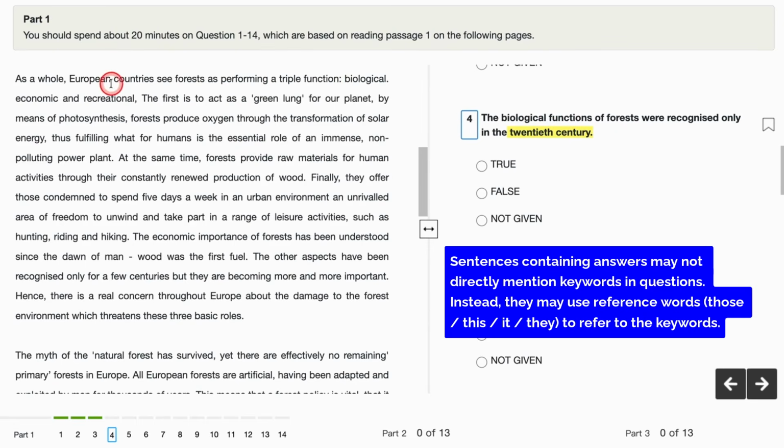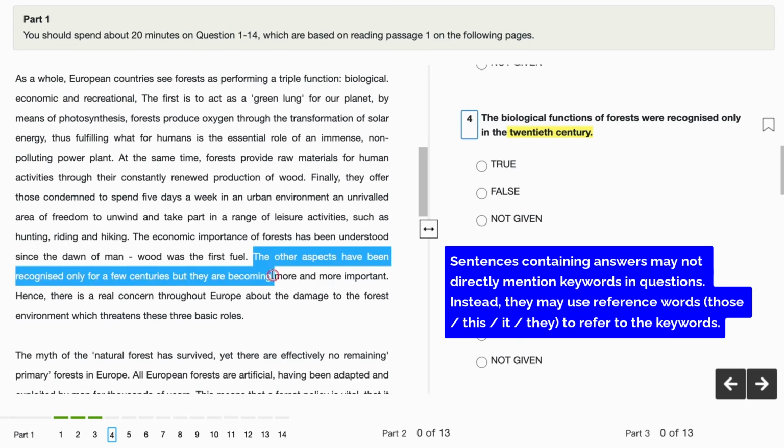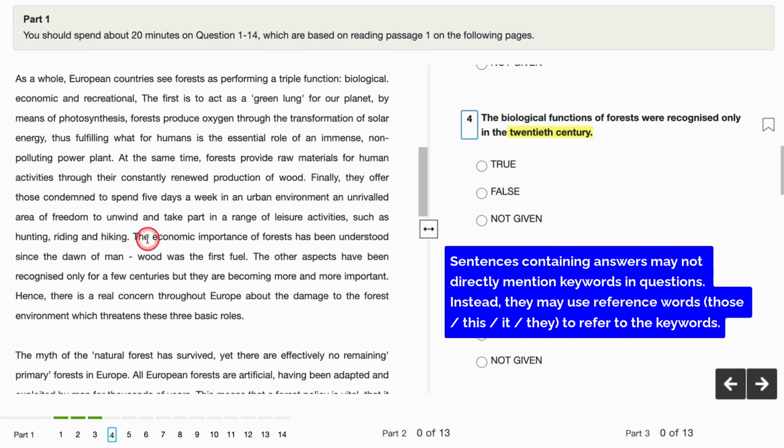It says, European countries see forests as performing a triple function: biological, economic, and recreational. And the sentence before this sentence mentions the economic importance, which refers to the economic function. That is to say, the other aspects must refer to the remaining two aspects, the biological and the recreational functions, right? So this part is indeed about the biological functions of forests.